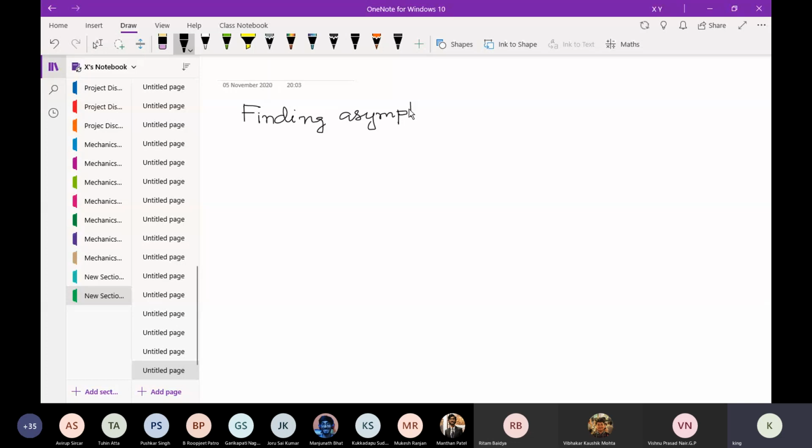Funnily enough, you will find that getting the asymptotes for the root locus is simpler than the method you usually follow for asymptotes. This will be much simpler than that, though the derivation will be a little involved.